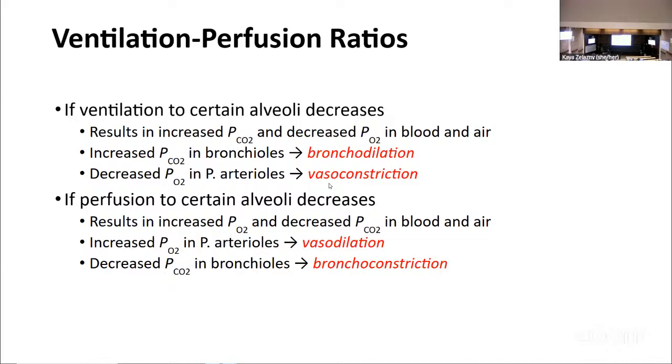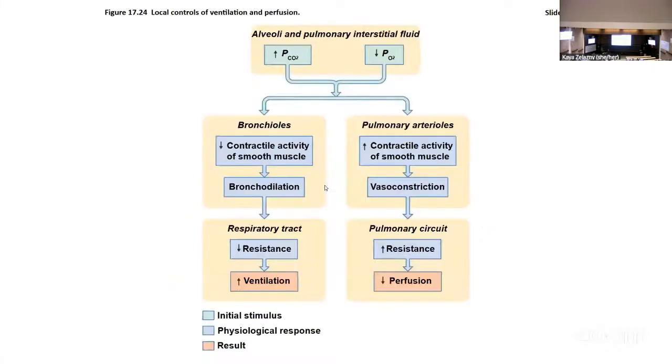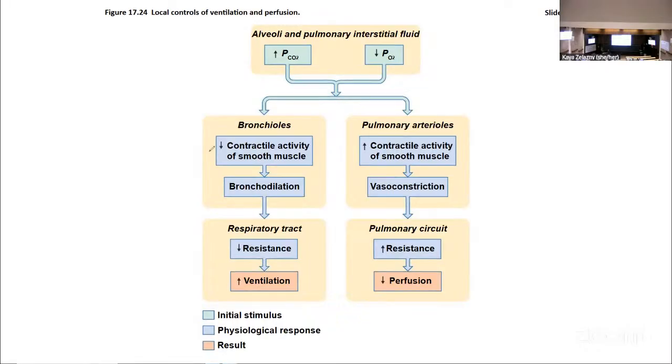Oxygen is creating our reactions in the capillaries. Okay. So that's all we are looking at here in this flow chart. So we are looking at what happens when we see changes in carbon dioxide and oxygen levels.